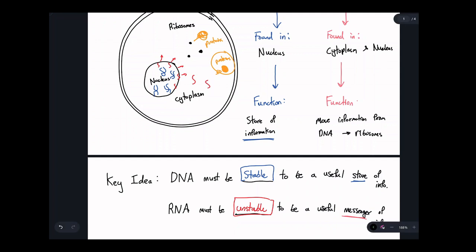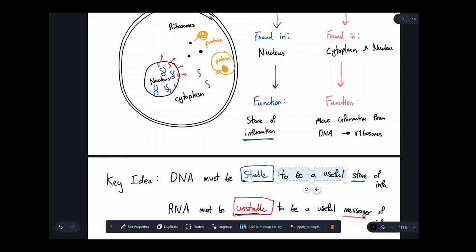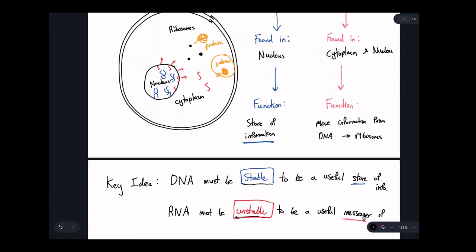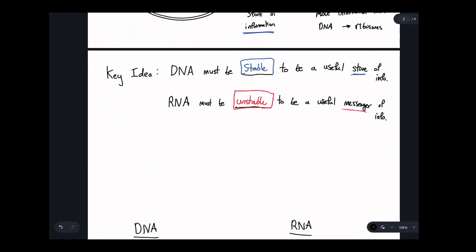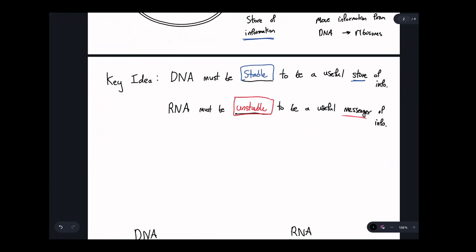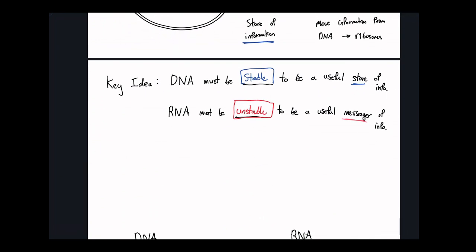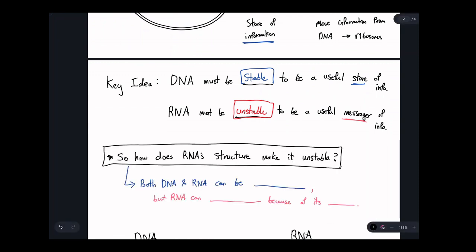And as this one degrades, more RNA is made, that translates to the proteins, and we can control the genes. So we actually don't want our RNA to be stable, because then it would keep functioning for way too long. It's supposed to message information and then be destroyed. So hopefully that makes a little more sense as to the function of these things. DNA must be stable and RNA must be unstable.